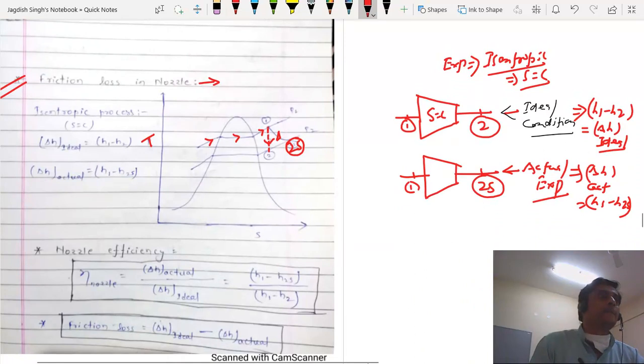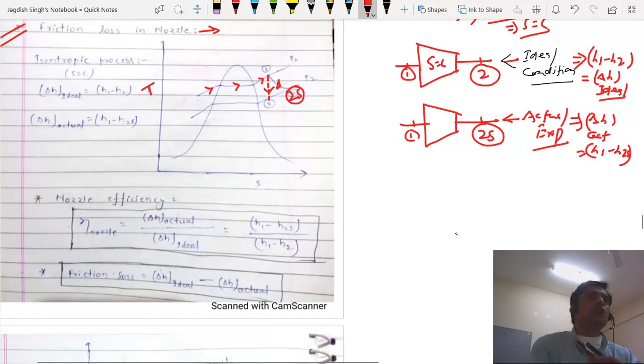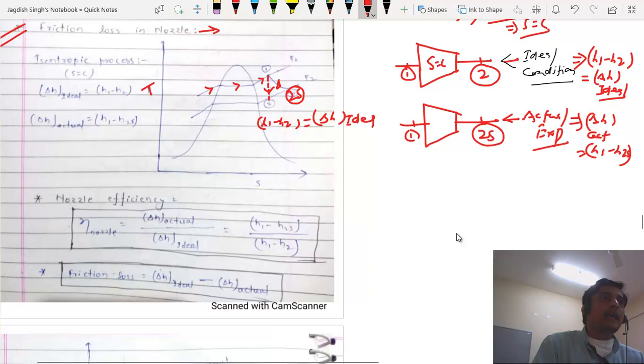Now in this condition, we can find out the nozzle efficiency. This H1 minus H2 is del H ideal, and H1 minus H2S is del H actual.